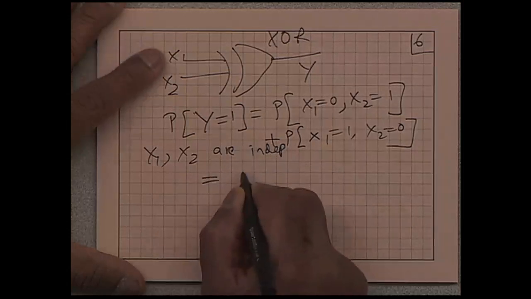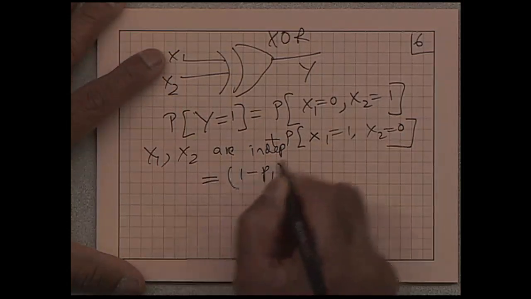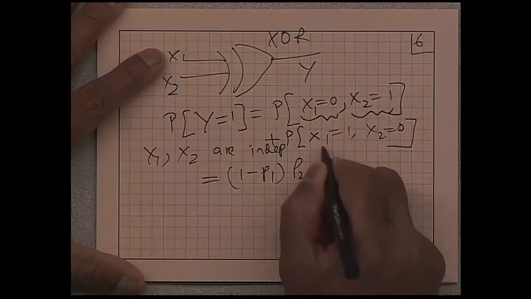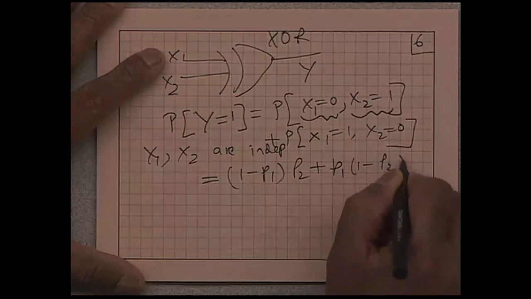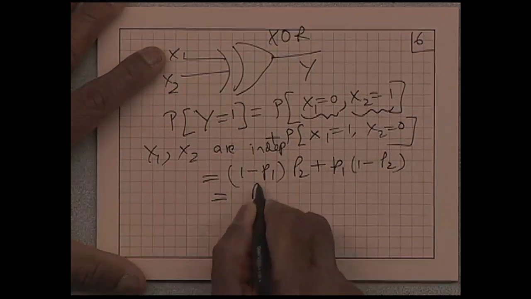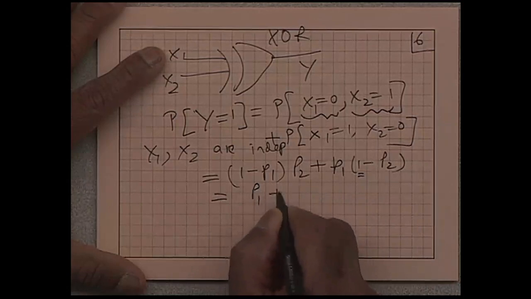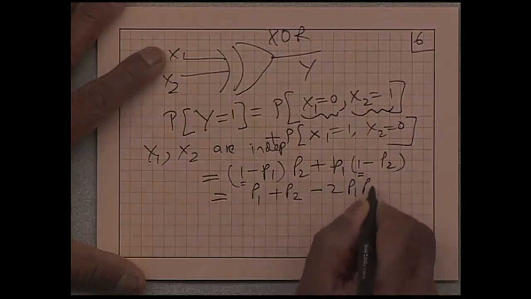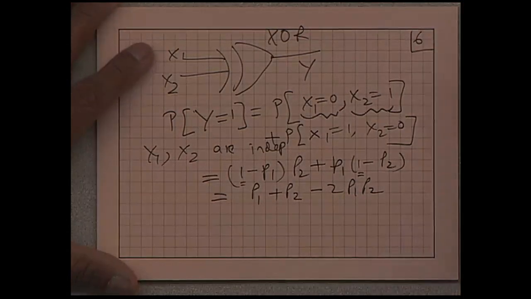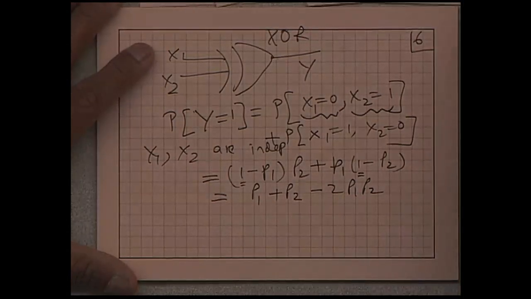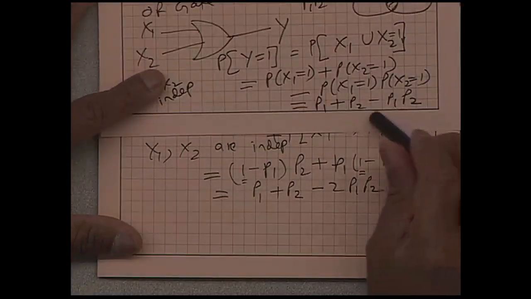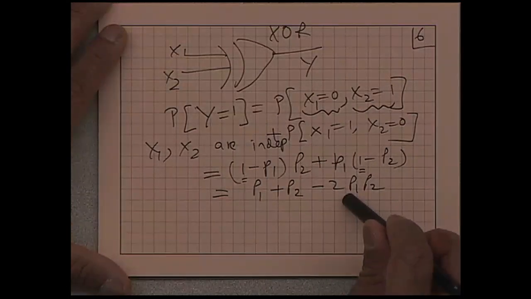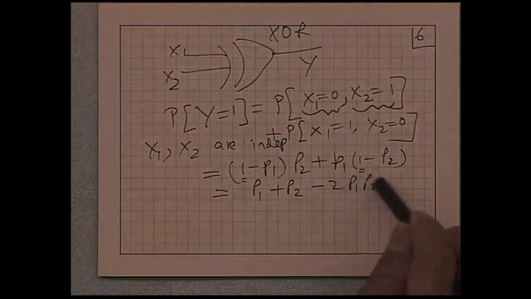So then I can write this as 1 minus p1 times probability of that plus p1 times probability of that, which can be written as p1 plus p2 minus p1 p2 minus p1 p2, so minus 2 p1 p2. So if you look at the OR gate, the OR gate was computing p1 plus p2 minus p1 p2. The exclusive OR gate is computing p1 plus p2 minus 2 p1 p2.